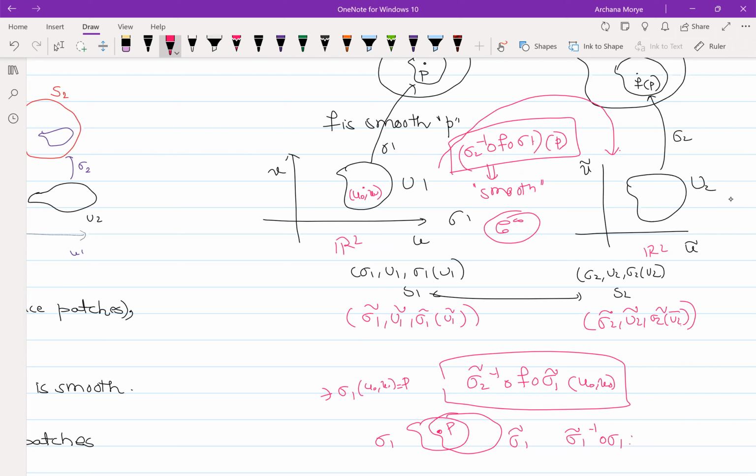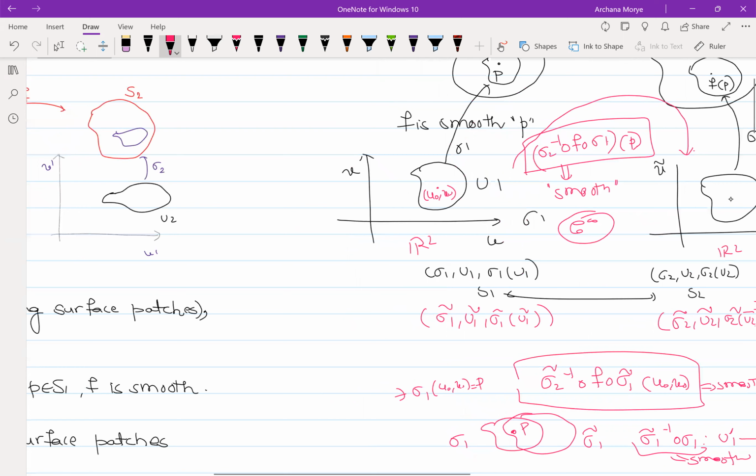This map will be from u1 dash to u1 dash, and it is smooth. So if this map is smooth for one surface patch, it will also be smooth for another surface patch as well. So this definition of smoothness is independent of the surface patch chosen. This is precisely the definition of smoothness.